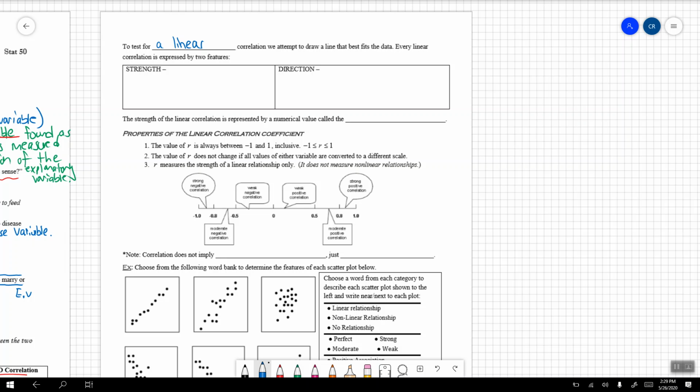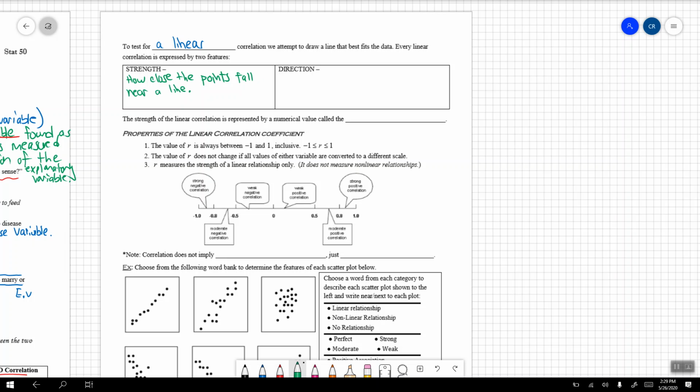For the strength, what we really want to look at is how close the points fall near a line.